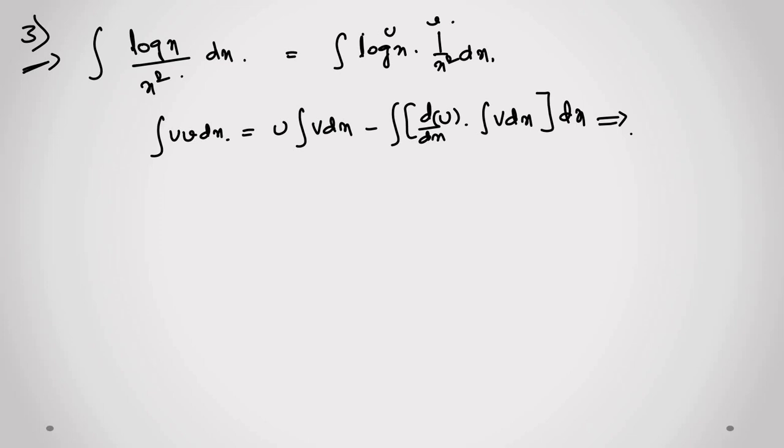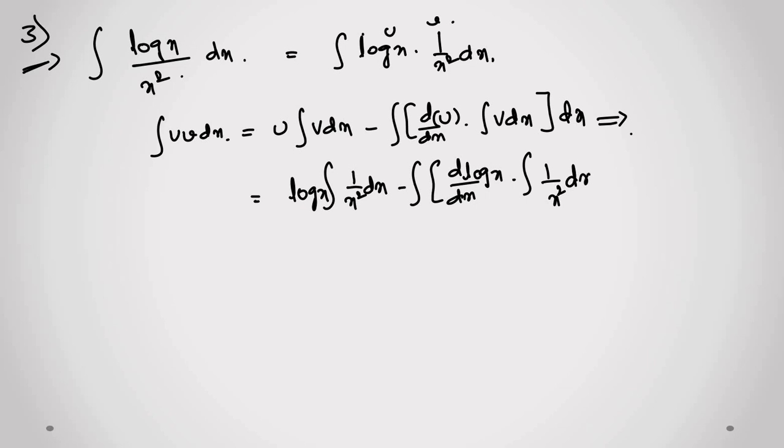Now here we'll do like that. Here u is equal to log x. So log x integral 1 by x square dx minus integral d by dx of u, which is d by dx of log x, and integral v dx, where v is 1 by x square dx. Now log x into integral 1 by x square dx is equal to minus 1 by x.